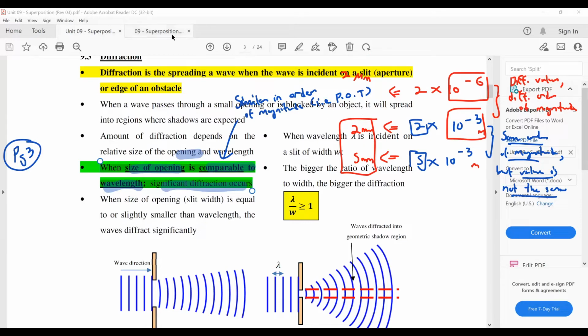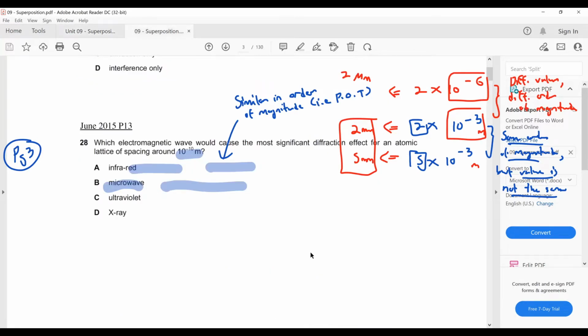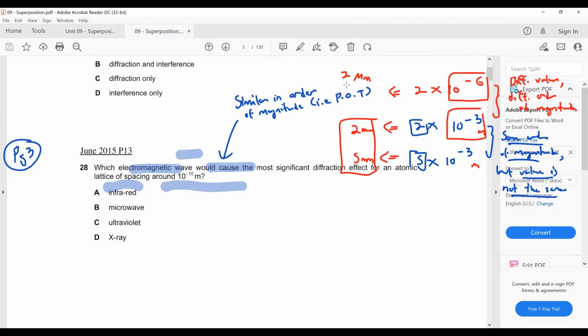Okay, so back to this one. For significant diffraction effect to occur, you need to have similar order of magnitude between your opening and your wavelength, between the gap and your wavelength. So right now they've already given you the size of your gap, atomic lattice spacing of 10 power negative 10 meter.